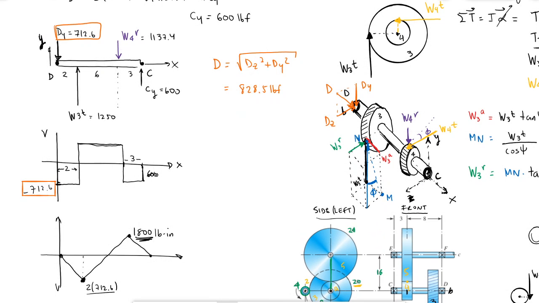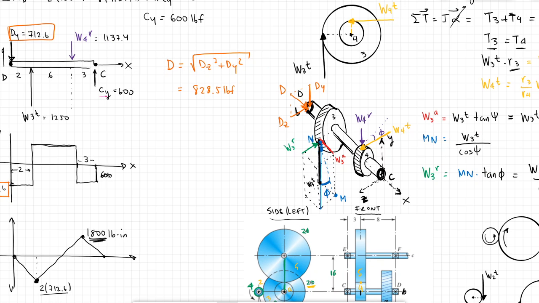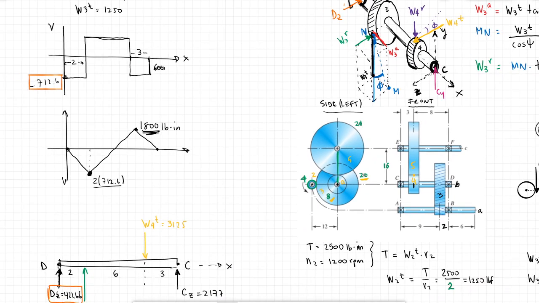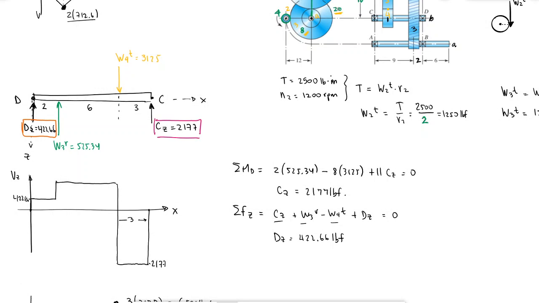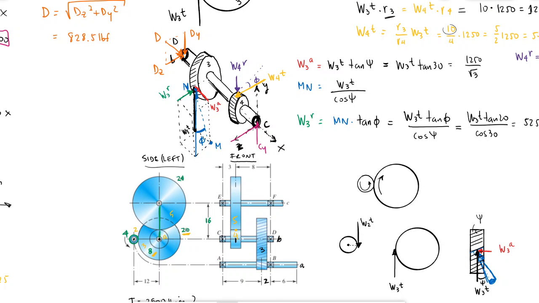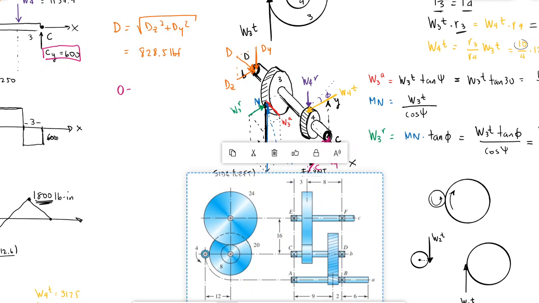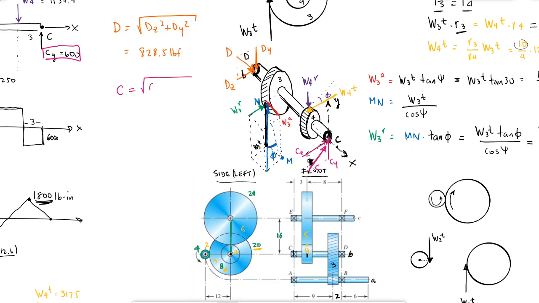Okay, now let's do pink. At C, I have a Cy coming up, and in the z plane, I have a Cz coming in the negative direction of z, 2177, Cz, again creating an overall vector in this direction, C. Okay, that C would be the square root of Cz squared plus Cy squared, which gives me a value of 2258.4 pound force.